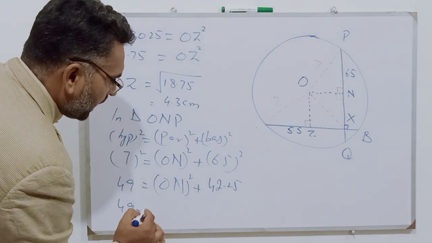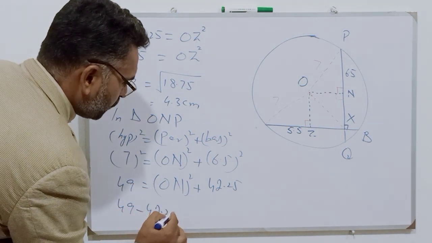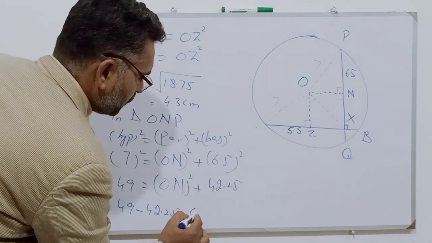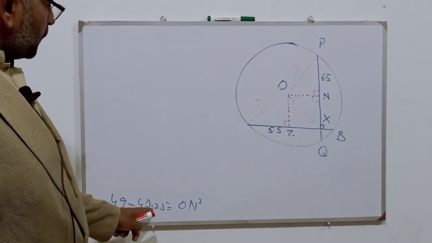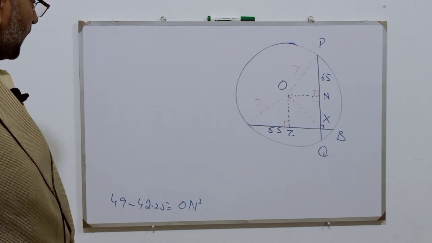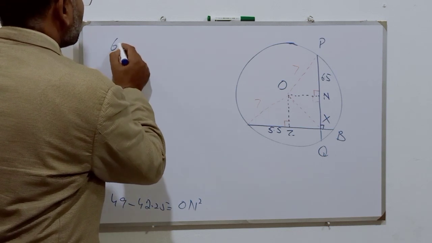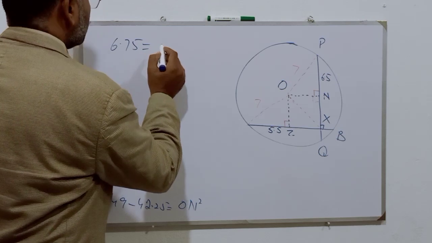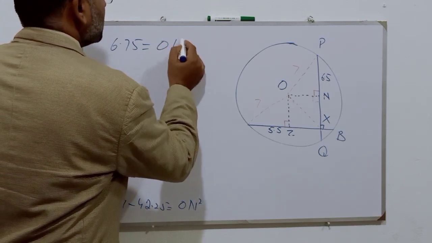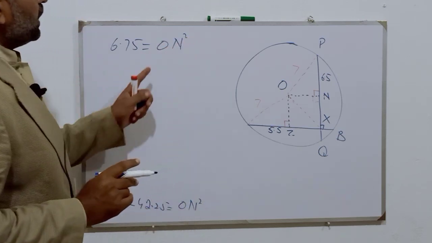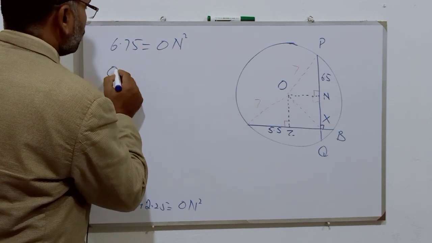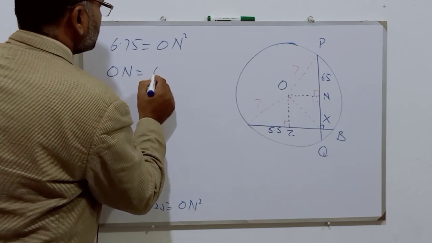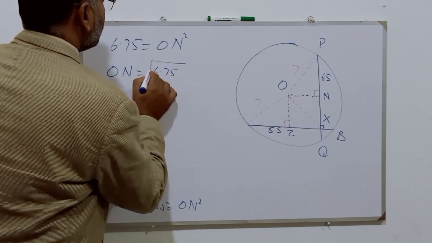We will have 49 minus 42.25 is equal to ON square. Subtracting 42.25 from 49, we will have 6.75 is equal to ON square. For finding out the value of ON, we have to take square root on both sides and we will have ON is equal to under root 6.75.